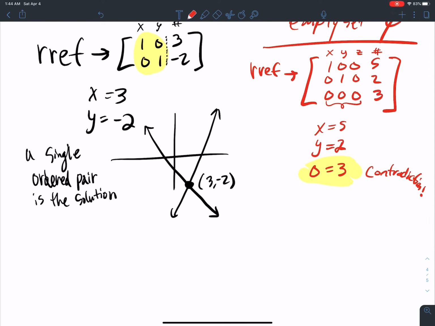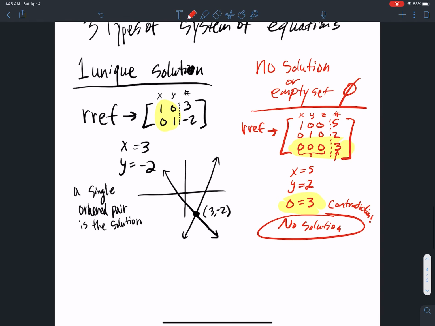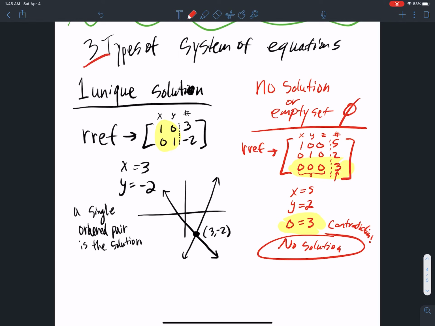So what does that tell me? There's no solution. So if you run your RREF and your last row gives you a bunch of zeros and then equal to some number that's not 0, then you know there's no solution here. So that's two of the three types.